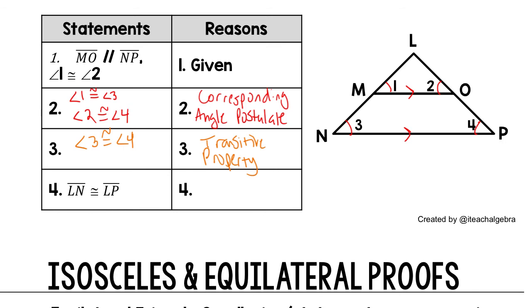Now we can prove segment LN is congruent to segment LP because it's the converse of the isosceles triangle theorem.